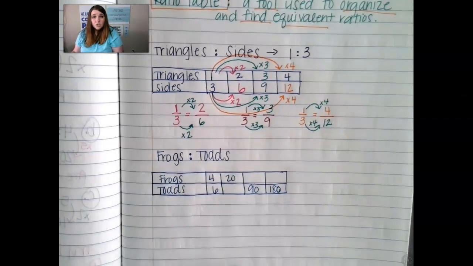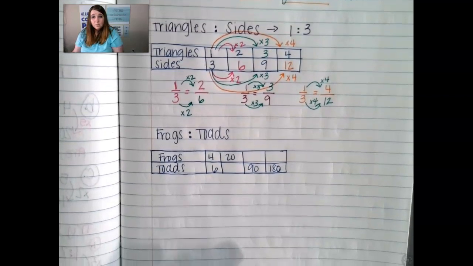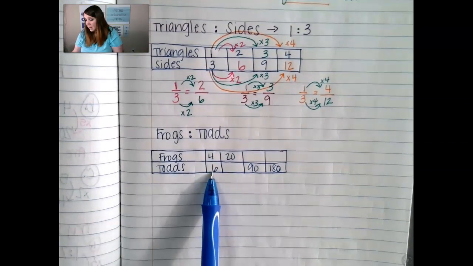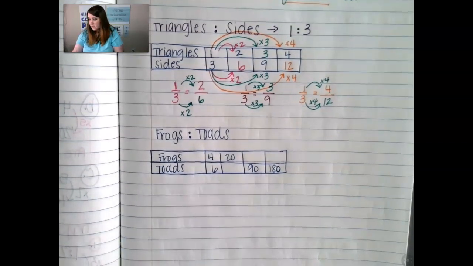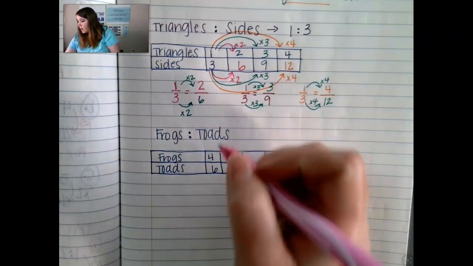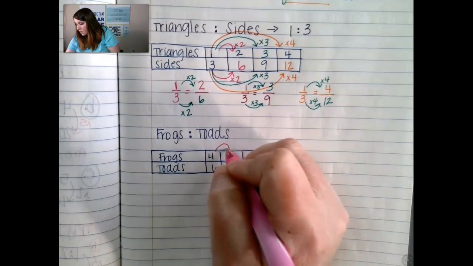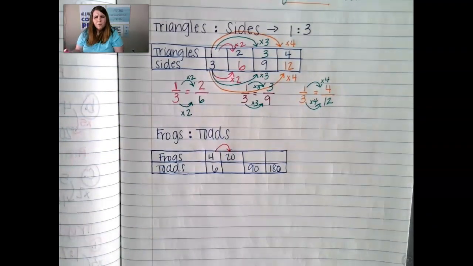And so we can do this by multiplying from column 1 to the next one, using the easiest ratio that we have. So I would look at this and I would say, okay, how do I get from 4 to 20? 4 times what gives me 20? Or I could say 20 divided by what gives me 4.